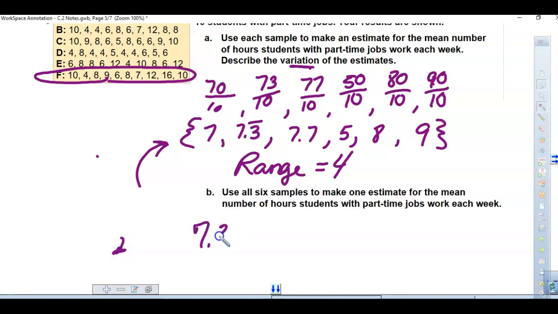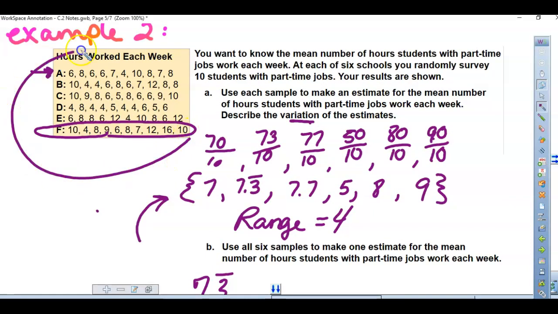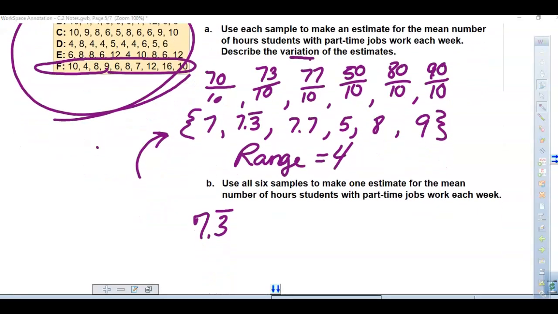And you get approximately 7.3 hours. Another way is to literally add all of these together and divide by, well, 10 times 6 is 60.